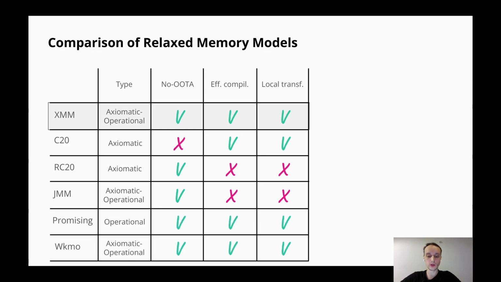Previously, the research community also proposed the operational promising semantics, the Weakestmo model based on event structures, as well as some other notable models, which we do not mention on this slide due to time and space limitations. These models are commonly referred to as multi-execution memory models, and they also avoid thin air values while supporting desired compilation properties. So what makes the XMM model stand out?